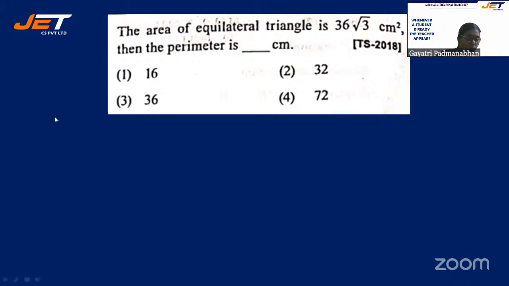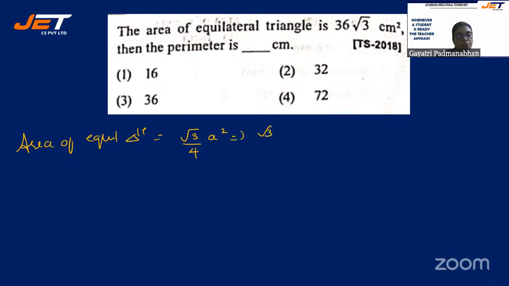Okay. So now for that, you need to know the area of equilateral triangle. So what is area of equilateral triangle? Root 3 by 4 a square, which means root 3 by 4. What is a? A is nothing but we do not know. Okay.